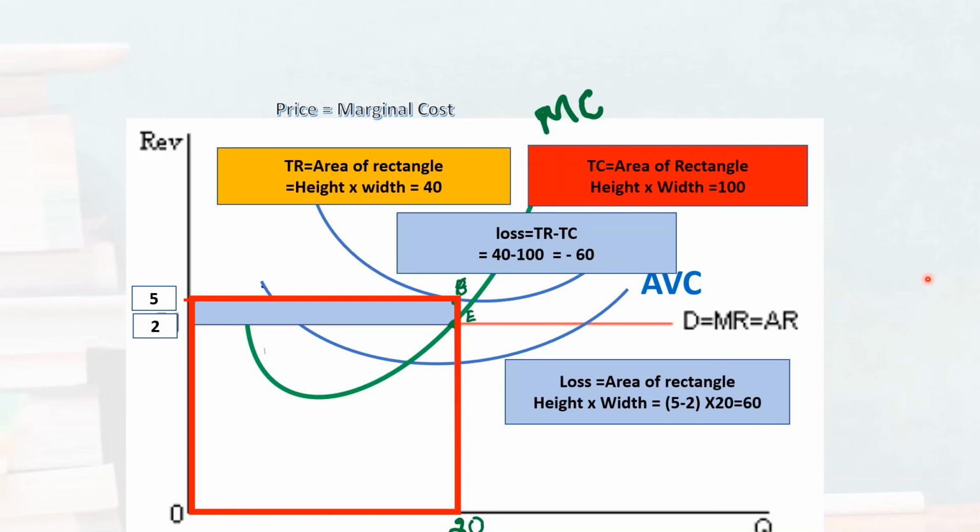One point you must note here is that whenever a firm is facing losses, the average total cost curve always lies above the demand curve or above the marginal revenue curve. So I hope it is now very clear how we can calculate losses and profit for a perfectly competitive firm which has a perfectly elastic demand curve or marginal revenue curve.